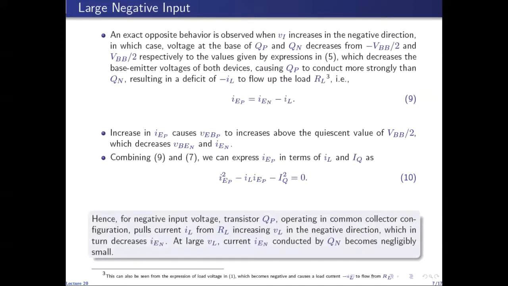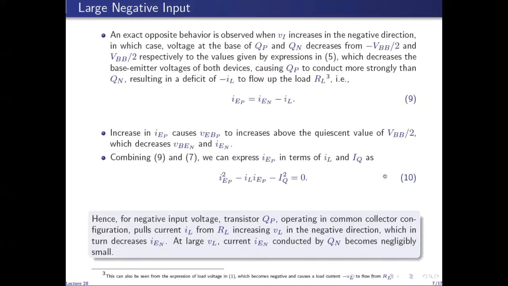So again, to conclude, we observe that for negative input voltage transistor QP, which is also operating in common collector configuration, pulls current IL from RL. That is, it causes minus IL to flow from RL. It causes IL to flow up the load resistor RL, which in turn increases VL in the negative direction.